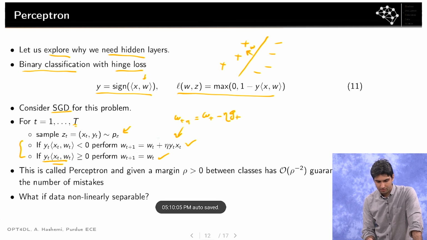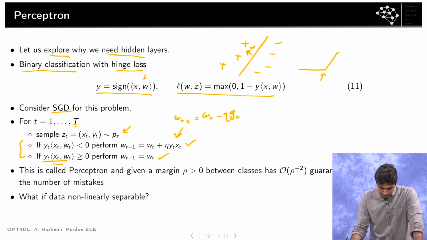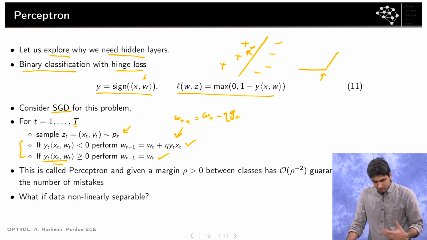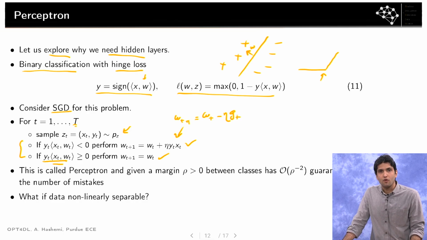This update is exactly the gradient of the hinge loss. Given that the hinge loss is not differentiable at this point, we expect to see these two lines representing our gradient update. So we can use SGD to learn this parameter W, the parameter of the separating hyperplane, and hopefully classify the data.